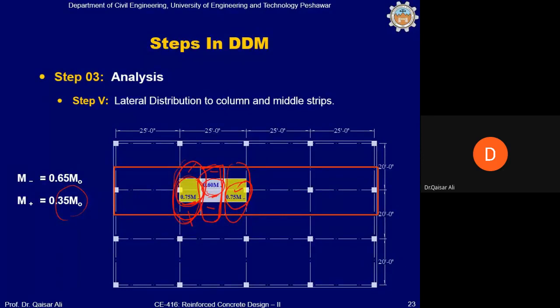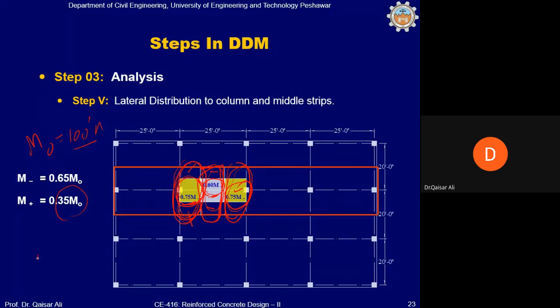Let's say the total WUL M naught is calculated as 100 foot kip. Then out of this 100, 65 will come here, 35 will come here, and 65 will come here. Total 65, 35, and 65. Then out of the 65, 75% will be given to the column strip.